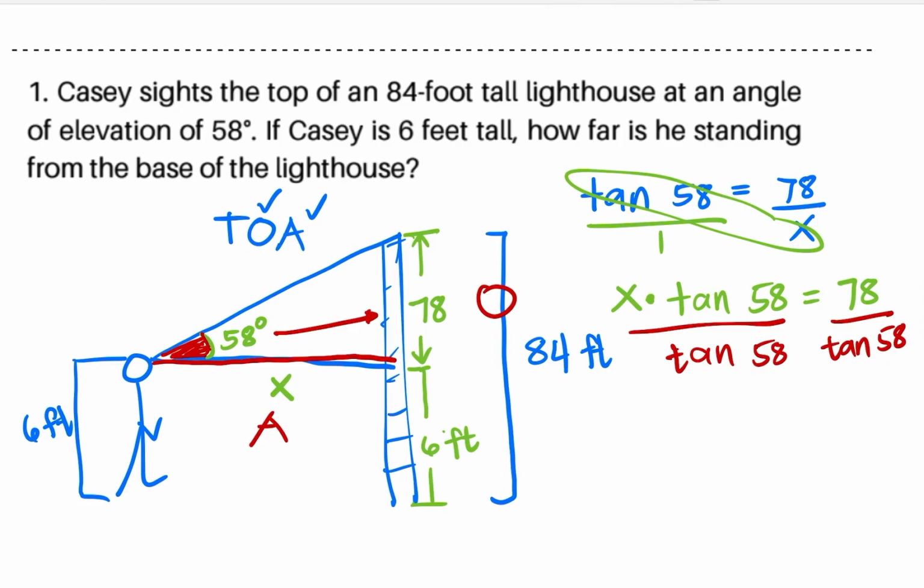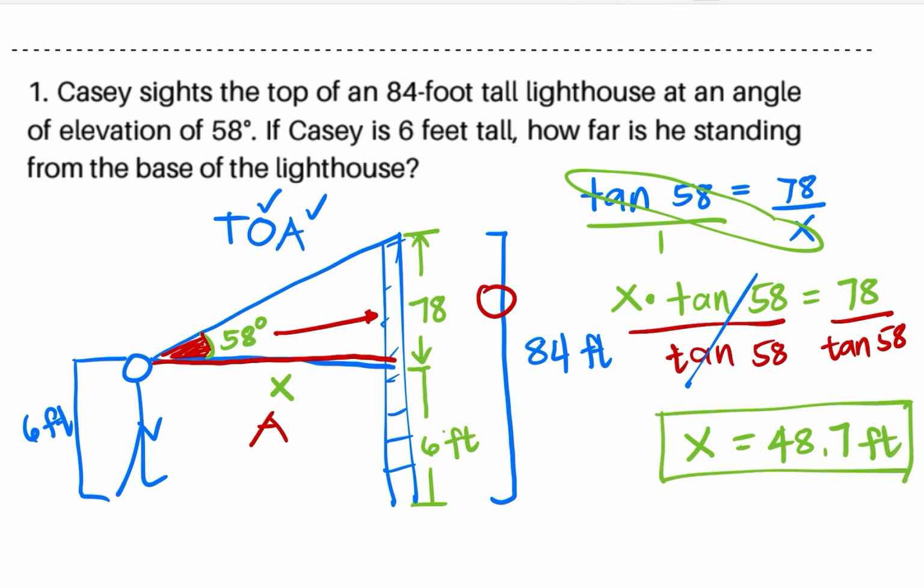In this case, we've got tangent 58 divided by tangent 58, and that is equal to 1. Same concept. So in our calculator, we are going to type 78 divided by tangent 58. And if we write our answer to the tenths place, we will get 48.7 feet. This is how far Casey is from the base of the lighthouse.